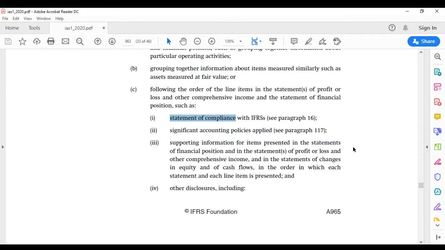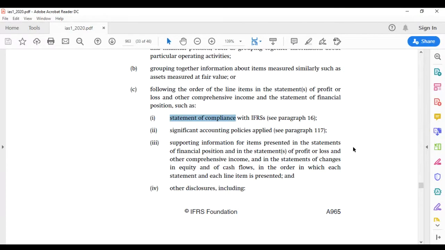I just want to warn you, when it is a positive statement. You are the accountant of this company. You are telling the users of the financial statements what you have done. So you are basically saying, I, as the accountant, have compiled the annual financial statements in accordance with international financial reporting standards. You are stating what you have done. You are not teaching somebody else how to do it.